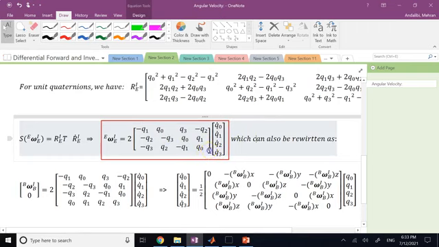So this is a 3×4, that is a 4×1, so the result is going to be a 3×1, which is this guy here. Okay, so it's not hard to show, it's just chain rule and reformatting it into this version.